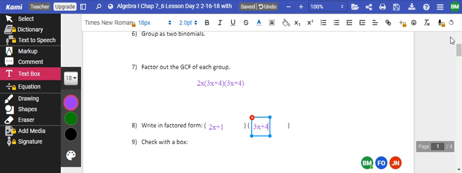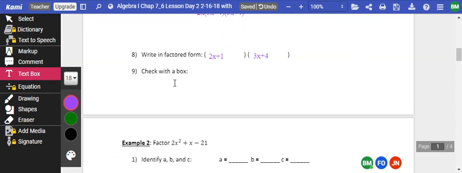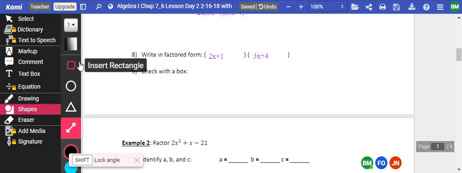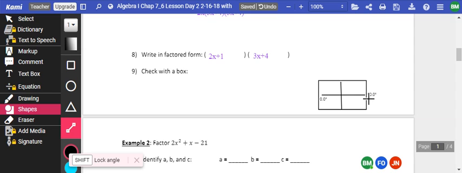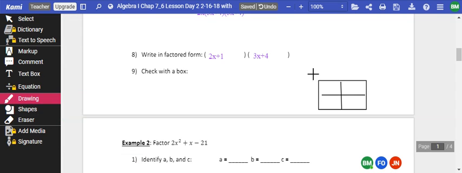And we can use the box method to check it. So I like to just draw a quick box. If I've got 2x here and 1, and I've got 3x here and 4, 2 times 3 is 6x squared.